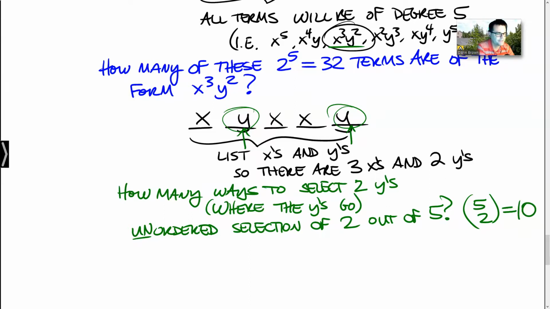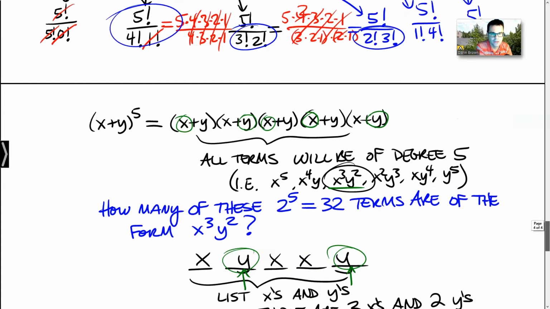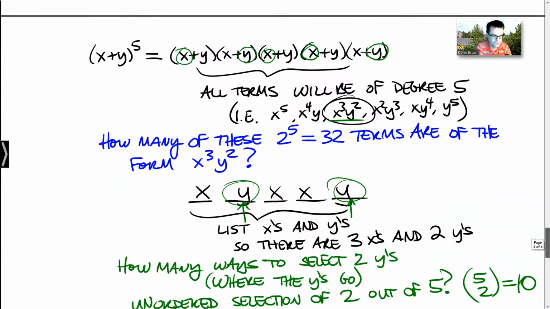So that's why we get a 10. Now, there's a lot we could say about these numbers. What I'm going to do now is state exactly what the binomial theorem says, and then we're going to practice computing some binomial coefficients and answering some basic questions about expansions. So just the algebraic applications.